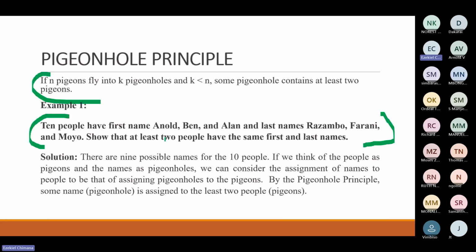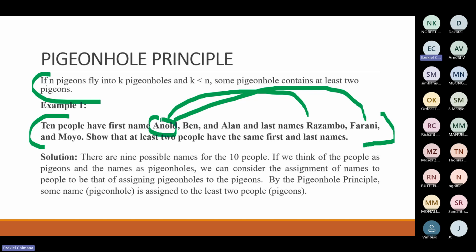It's very simple. If you take the combinations of Arnold, you are going to have Arnold Razambo, Arnold Farhan, and Arnold Moyo. So we've got those 3 people. And then next we have Ben Razambo, Ben Farhan, and Ben Moyo. It's now 6.